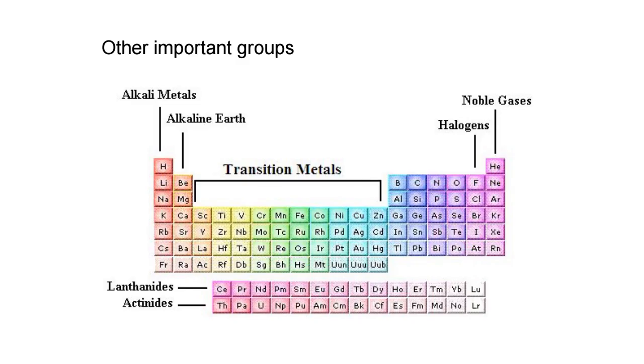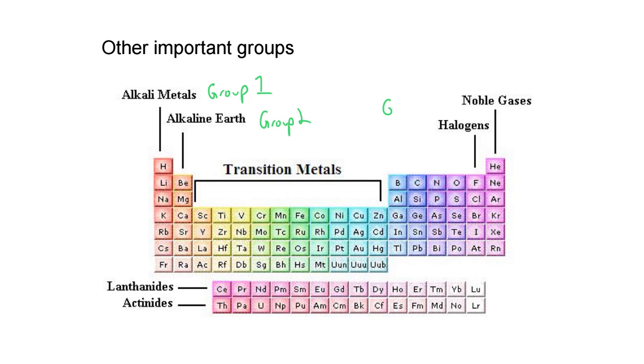All right, and here we see a few other very important groups on the periodic table labeled. Let's start with group 1. Group 1 are called the alkali metals. Group 2 are the alkaline earth metals.